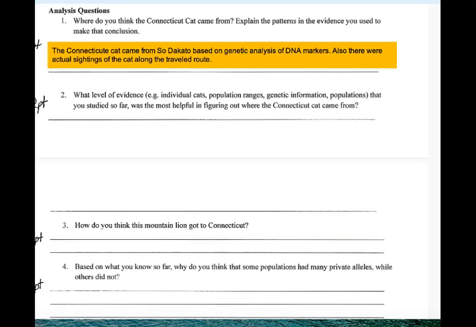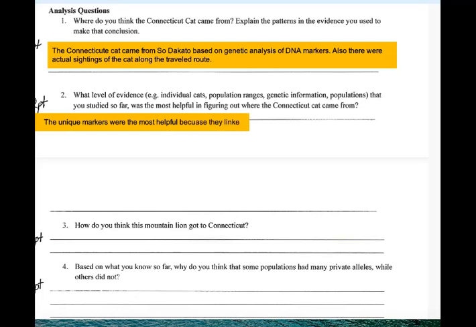Well, obviously, you can write what you want, but I think the unique markers were the most helpful because they linked the Connecticut cat to the South Dakota cat.